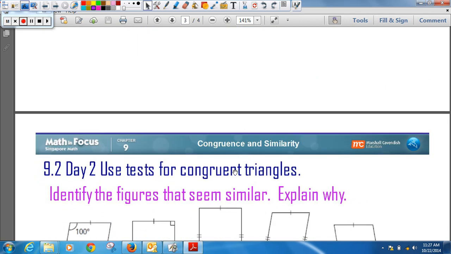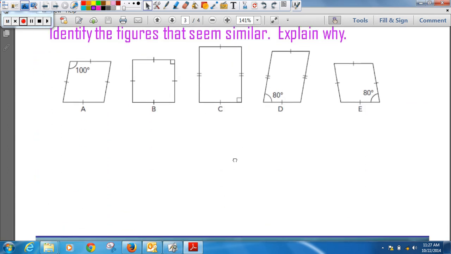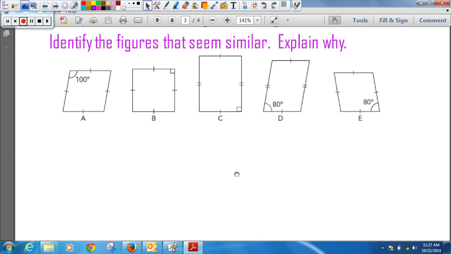Okay, our next example then, it wants to know identify the figures that seem similar and explain why. So we're just looking at this and we want to know which ones look like they're similar. Well, similar, again, means the same shape, but not necessarily the same size. Because if they're both, that's congruent.